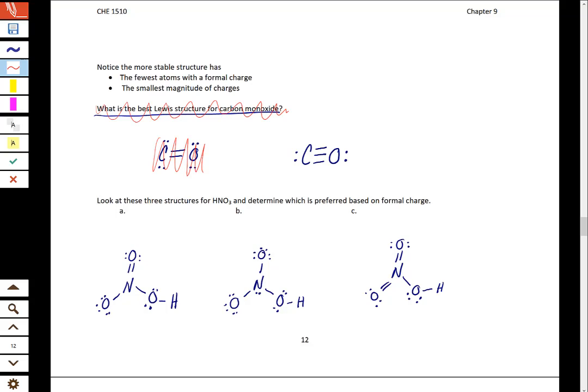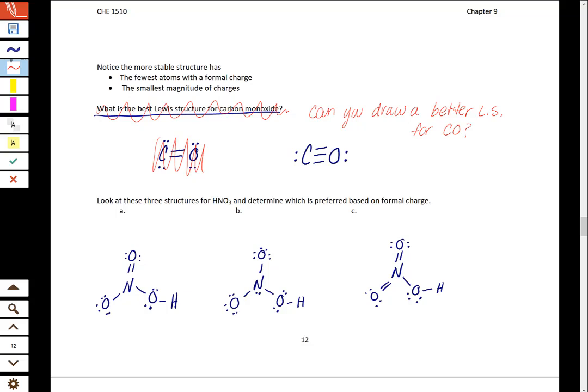Let's change the question to, can you draw a better Lewis structure than the one I've drawn for carbon dioxide? I'm sorry, I said carbon dioxide and I meant carbon monoxide.